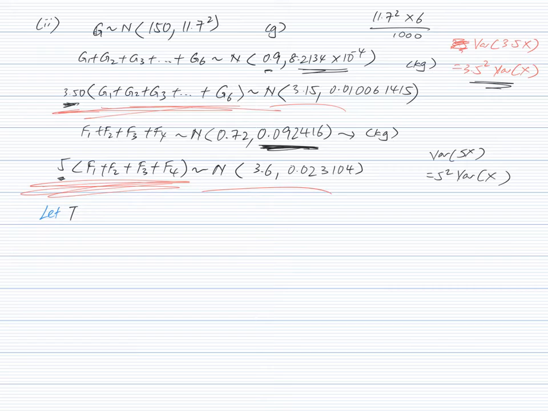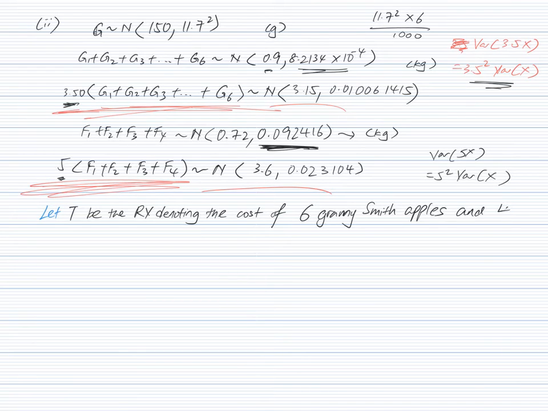Let T be the random variable denoting the cost of 6 Granny Smith apples and 4 Fuji apples. And after that, T will take on a normal distribution.